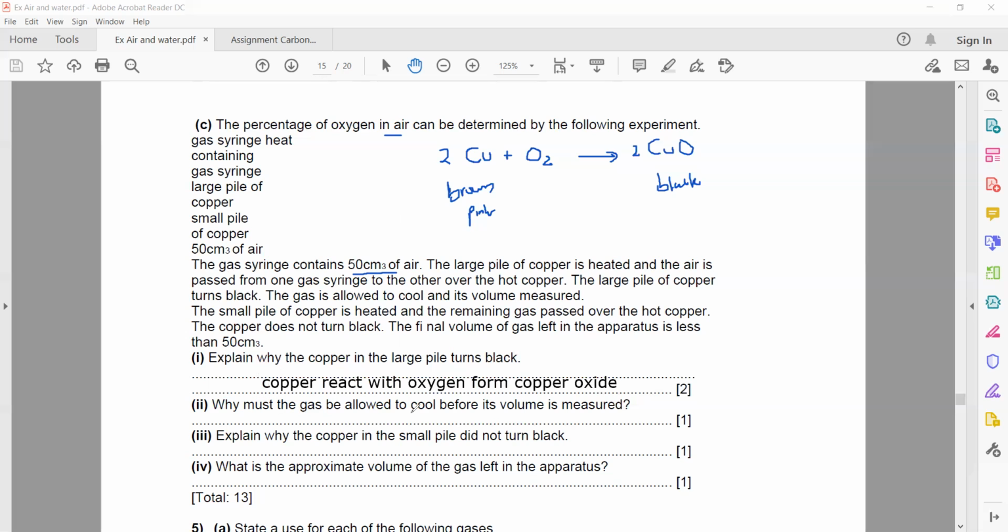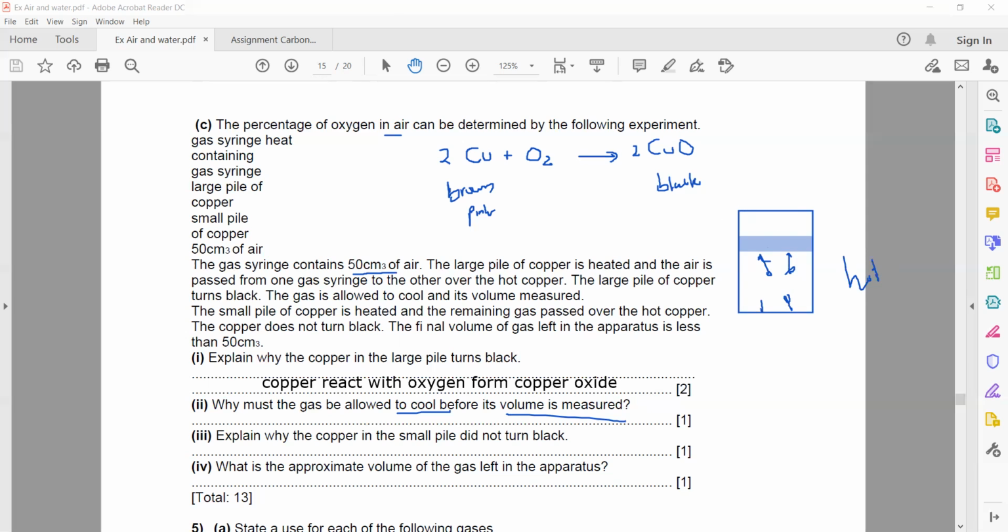Why must the gas be allowed to cool before the volume is measured? Because as we discussed even in physics, if you have a container filled with a gas, I should keep the temperature constant. Why? Because if something is hot, the particles will collide more often with the walls and the volume will change.